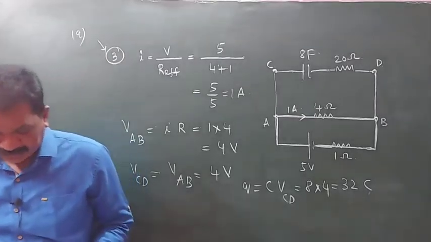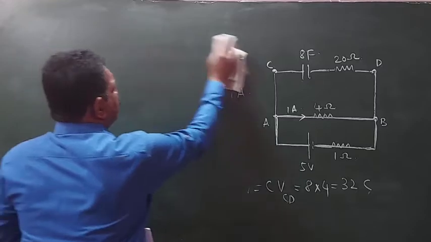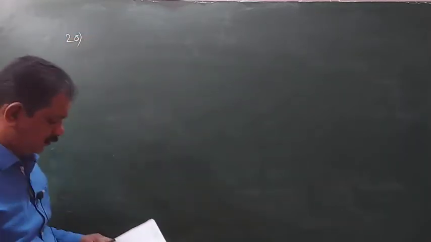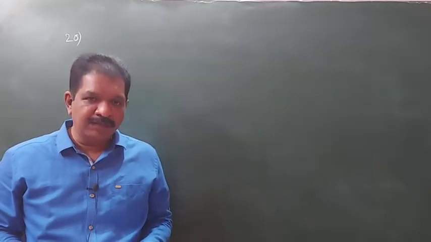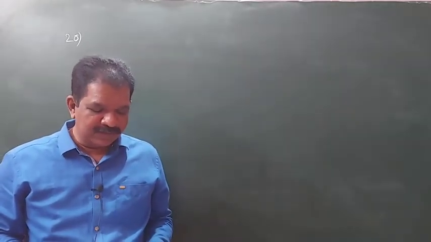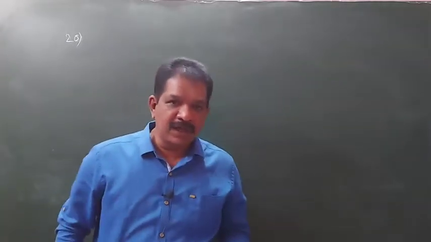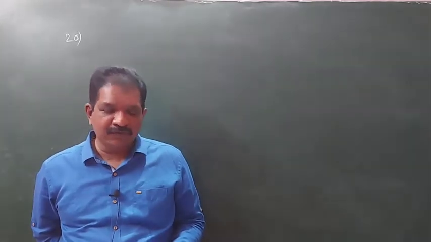Next, 20. What they are asking, see. Nature of equipotential surface for a point charge is: plane with charge on the surface, sphere with charge on the surface, sphere with charge at the center of the sphere, ellipsoid with charge at foci.